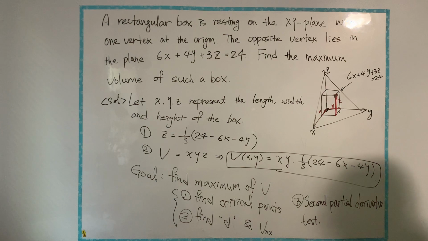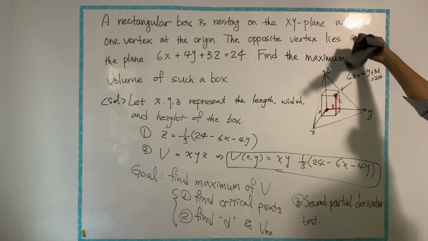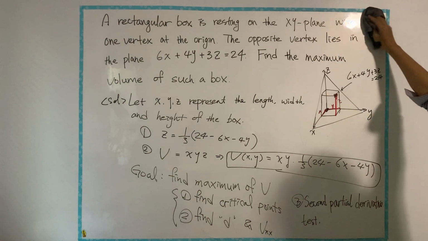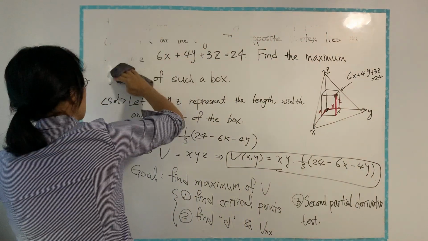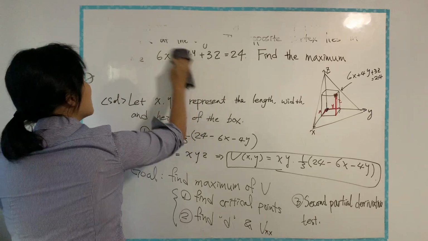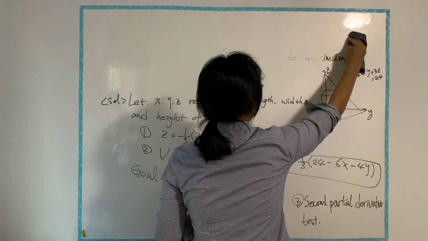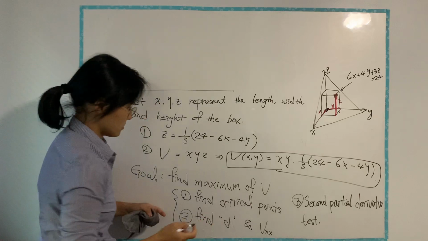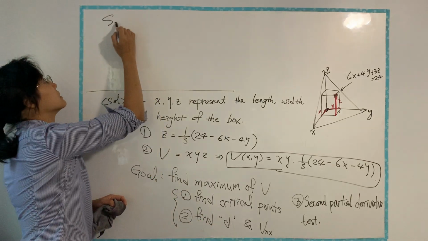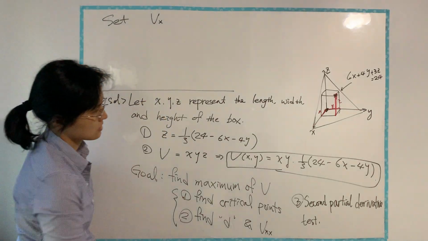All right, so apparently you can see I'm running out of space, so what I'm going to do is erase the caution and then go from the top. I'll also erase this later, but I'm going to try to keep it as long as possible. So, first, find critical points. First of all, I'm going to need to find Vx.